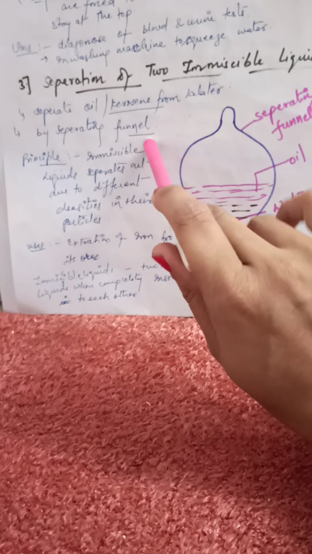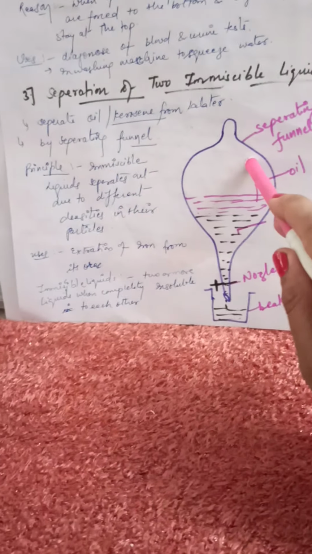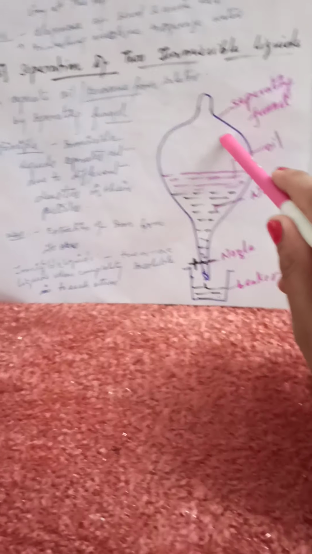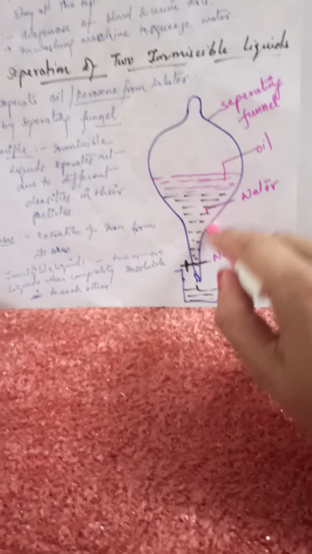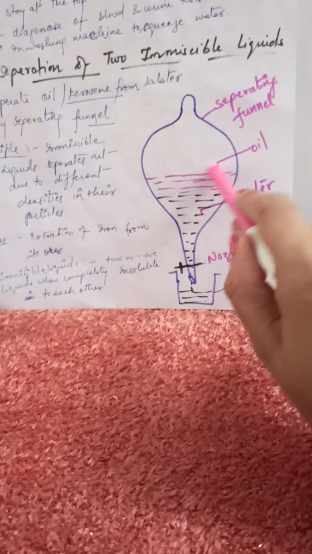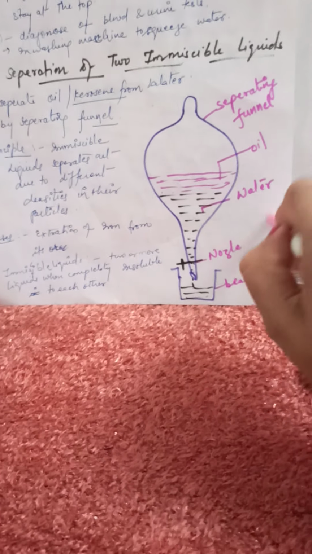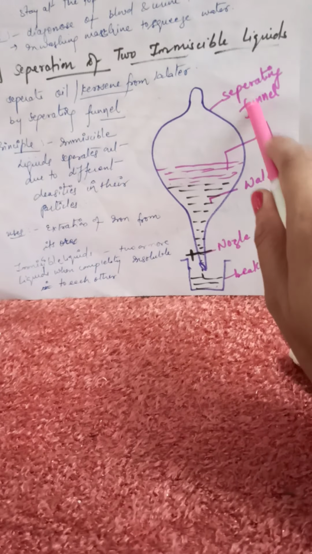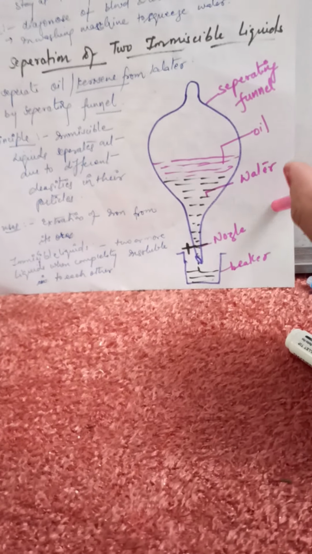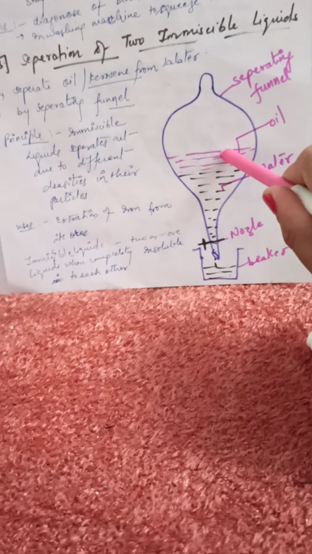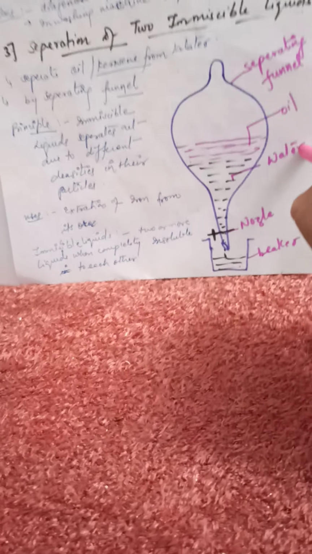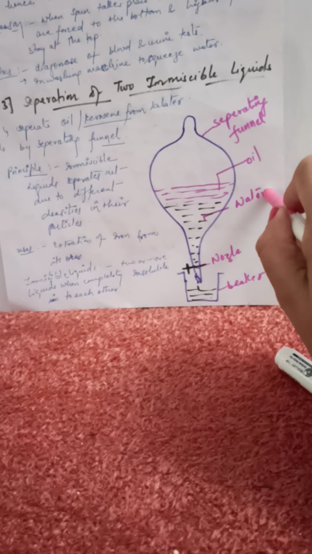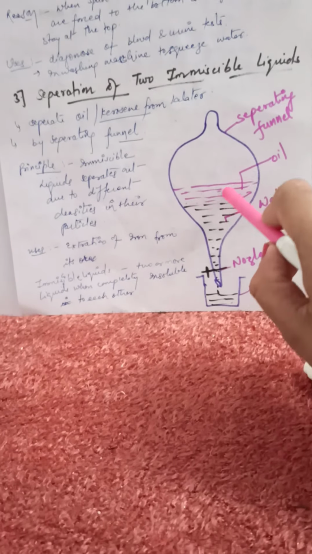So in water we are taking oil or kerosene for example, and the method is known as the separating funnel technique. In this separating funnel we pour the mixture of oil in water. Now leave this mixture undisturbed for some time, and you will find that two different layers form which can be easily identified, according to their densities.